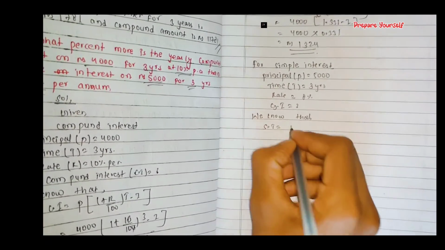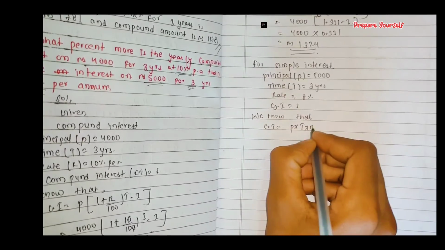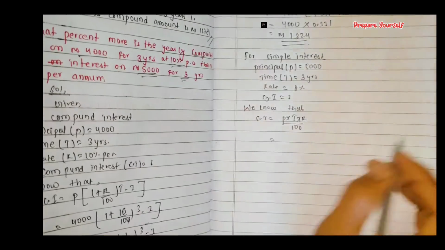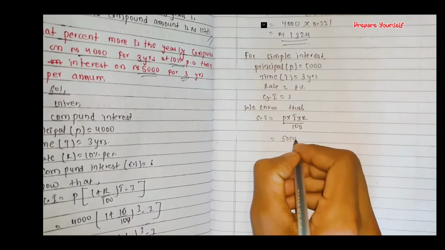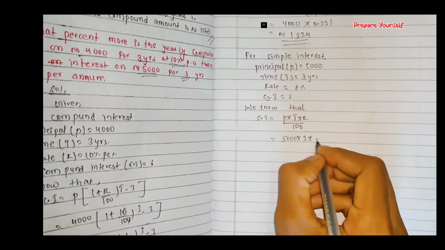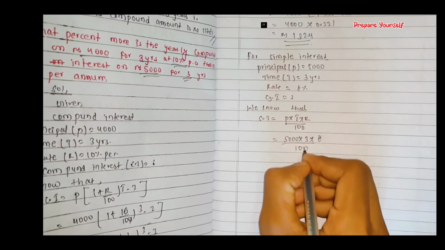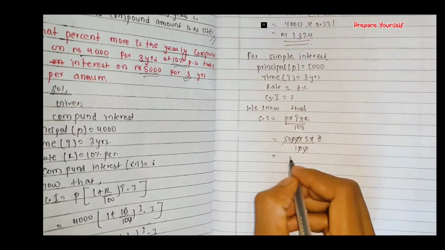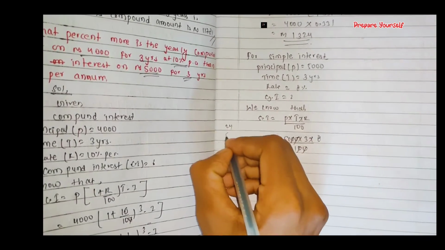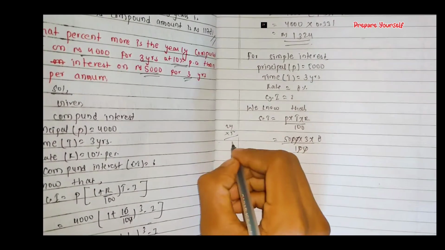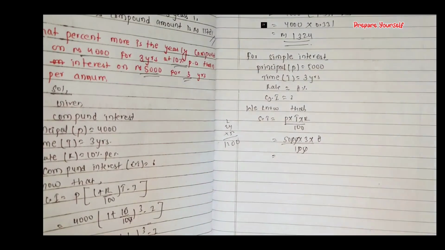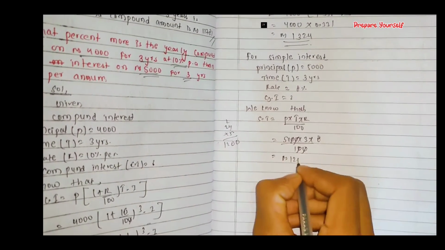The simple interest is equal to P into t into r by 100. So the principal is 5000, times 3 years, and the rate of interest is 8 by 100. So this will be cancelled. 8 threes are 24 into 50. Yes, 5 into 24 is 120, then 0s, so this will be rs 1200.